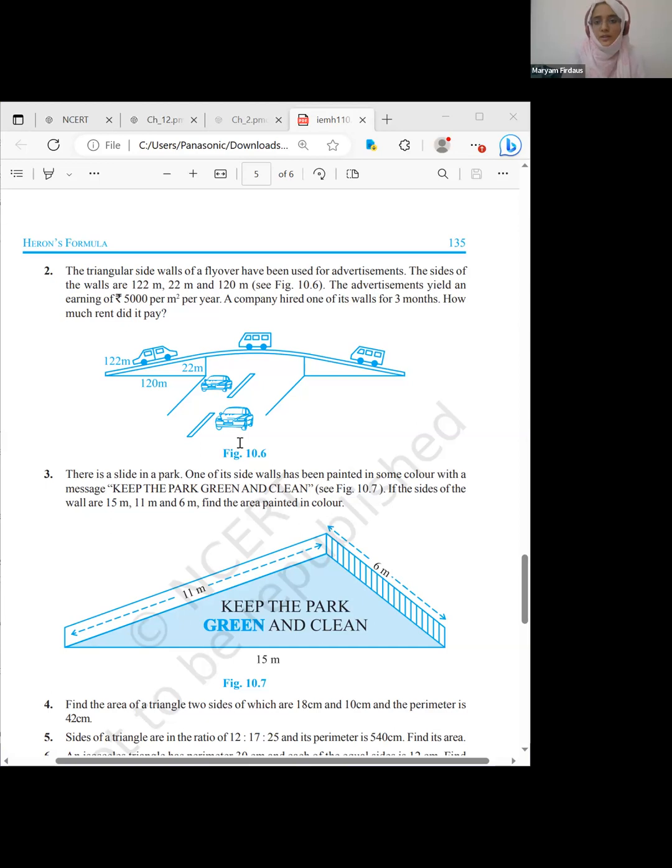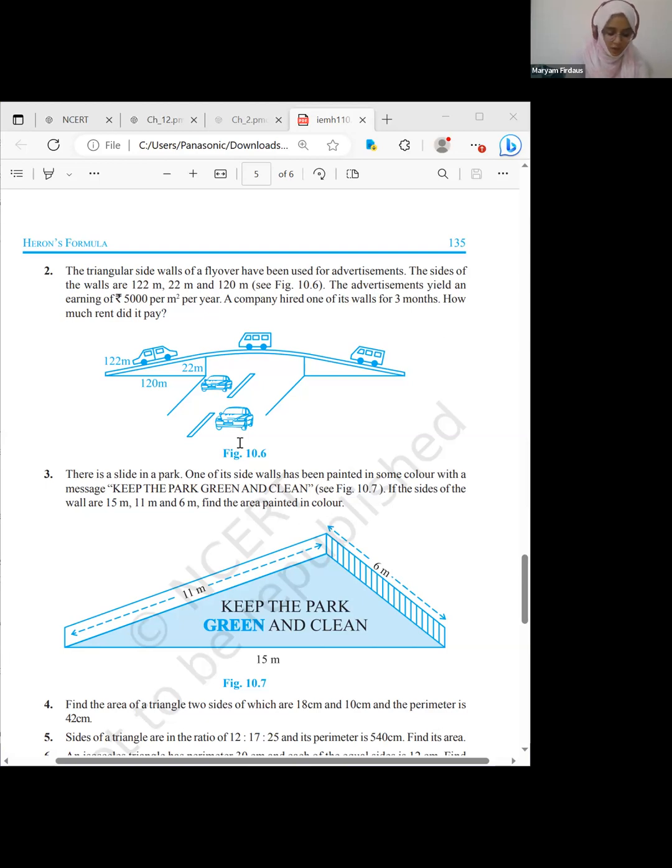The triangular side walls of a flyover have been used for advertisements. Like, for example, when you are going on a flyover, here is a flyover, and it goes like this. So this triangular wall, this is almost triangular, is used for advertisements.